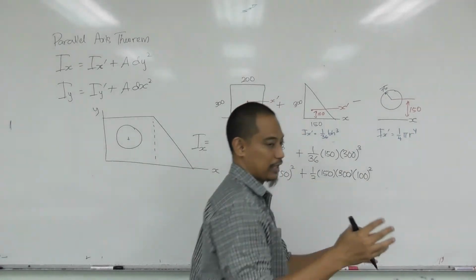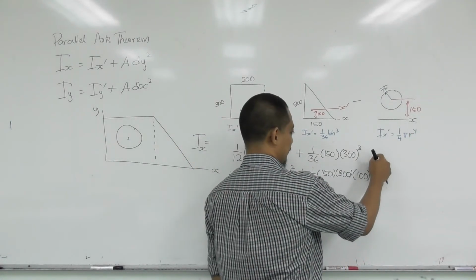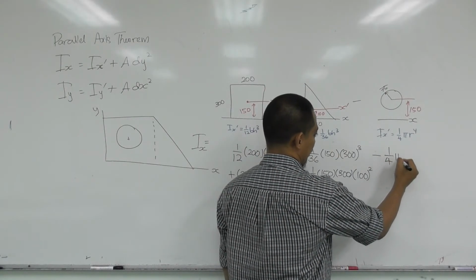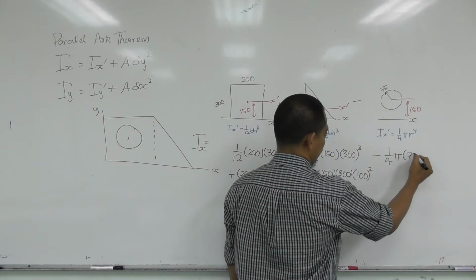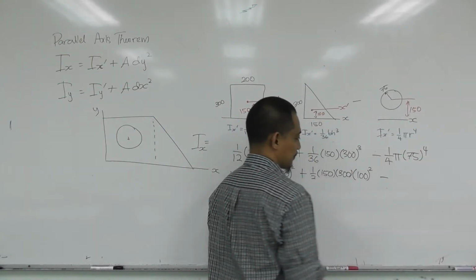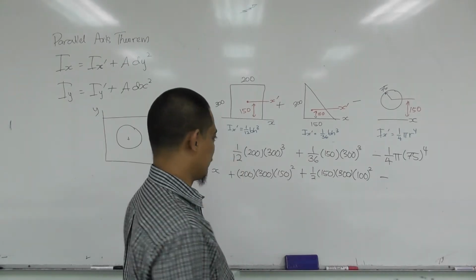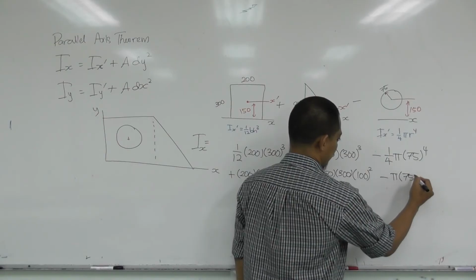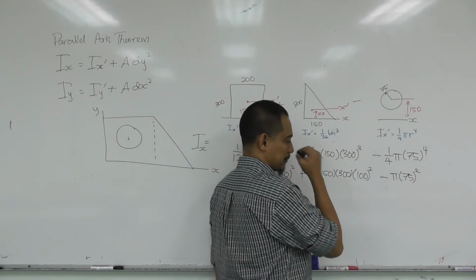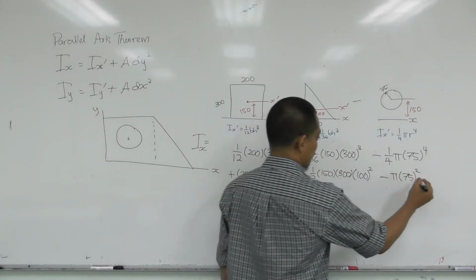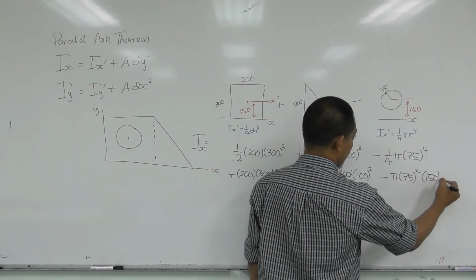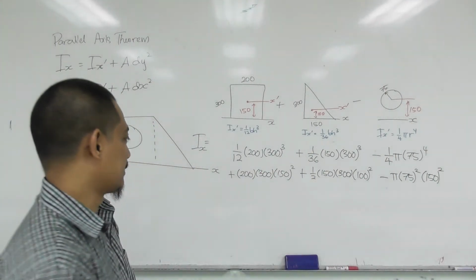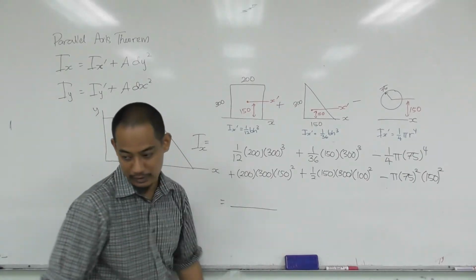So minus this one, 1/4 pi r to the 4, r is 75, so 75 to the 4, and minus A dy squared. A is pi r squared, so pi times 75 squared, and dy is 150 squared. Basically you have that, and the rest is just calculation to get the value.